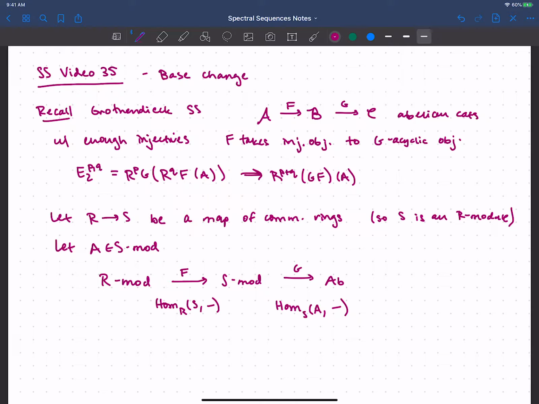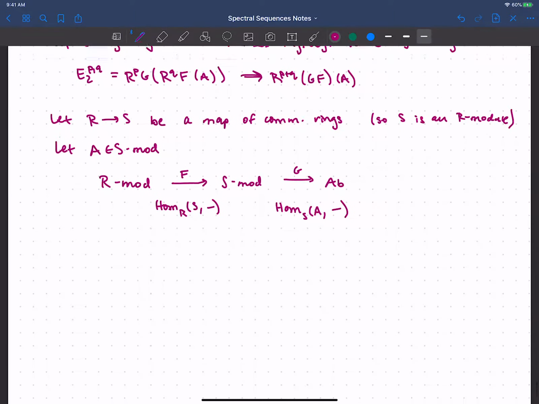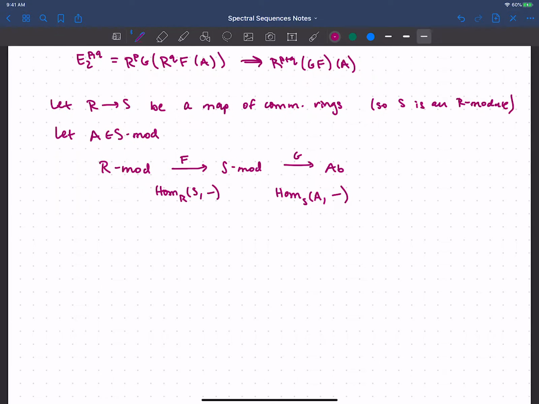Okay, and remember we just saw these are both left exact. So great. And what does their composition give us? Well, our spectral sequence is supposed to cook up something about the derived functors of the composition, so let's just check. We get Hom_S(A, Hom_R(S, something)).